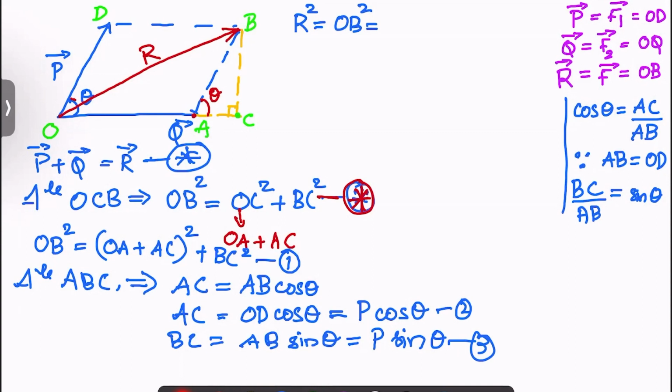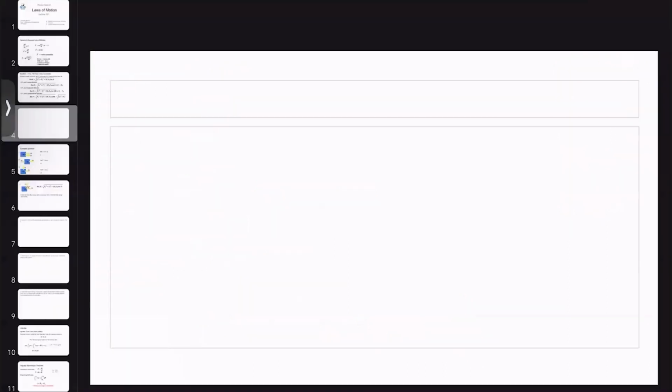OC square, we know OA plus AC square. So OA is what? OA is our Q, right? OA is our vector Q. So we can write it as... okay, so we have to write it once again.